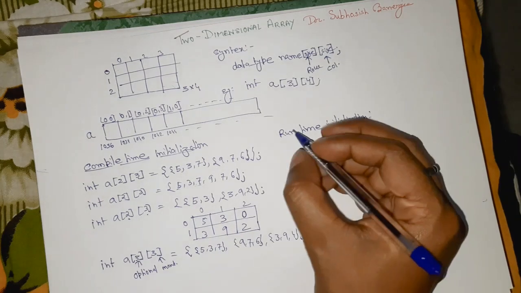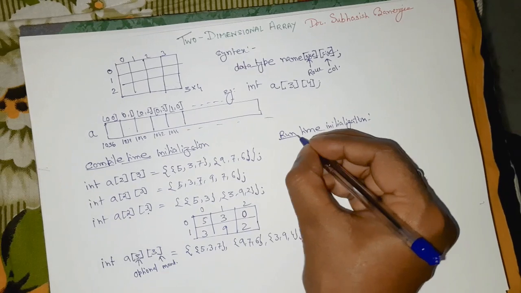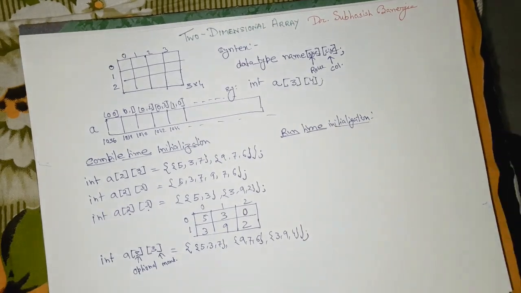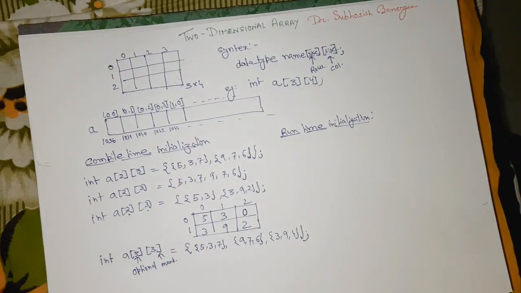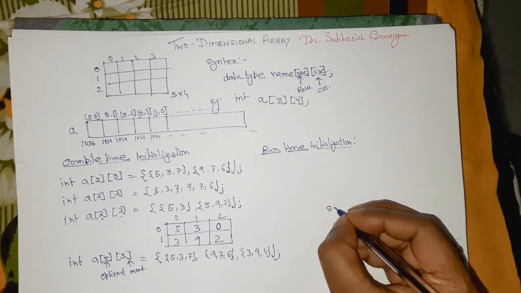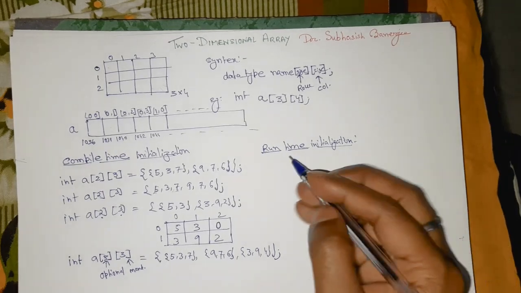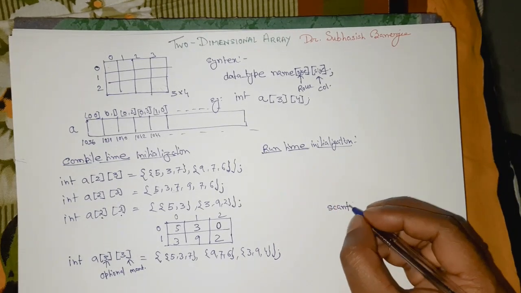As compile time initialization has been performed for the two-dimensional array, similarly runtime initialization can also be performed. How can runtime initialization be performed? As we know, for taking inputs from the users, which is called runtime initialization, we can use scanf.